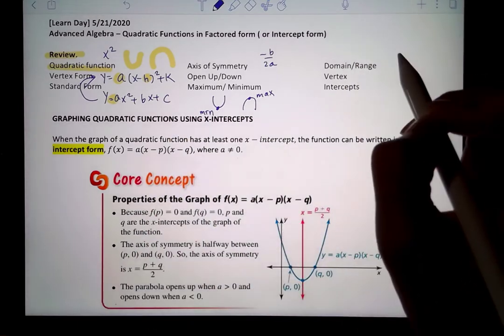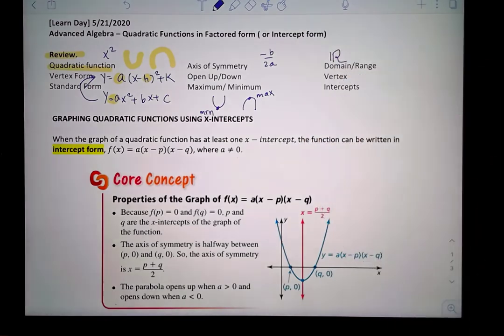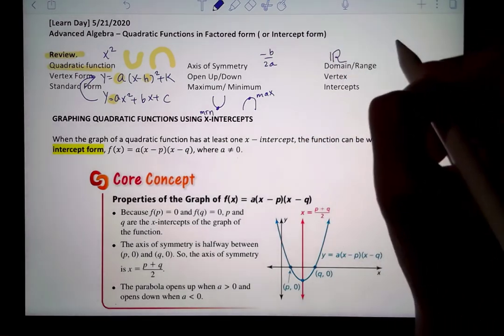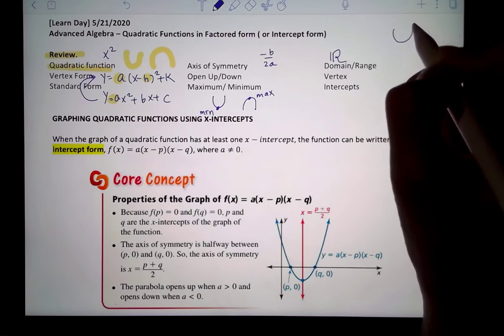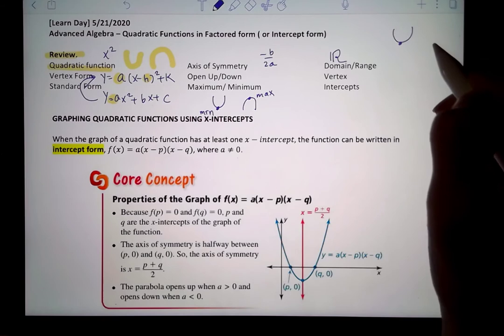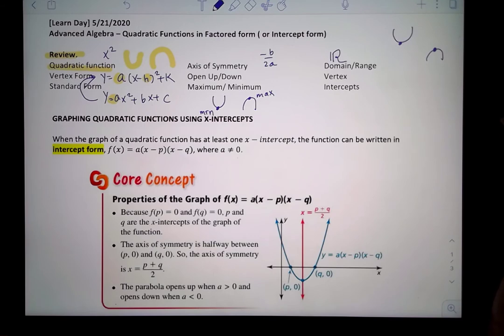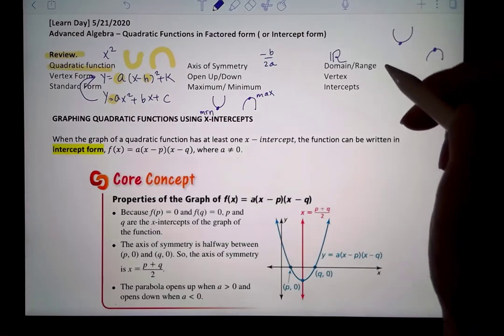And domain and range: domain is always all real numbers, and the range depends on the graph. If it opens up, the range is greater than or equal to the minimum. If it opens down, the range is less than or equal to the maximum.